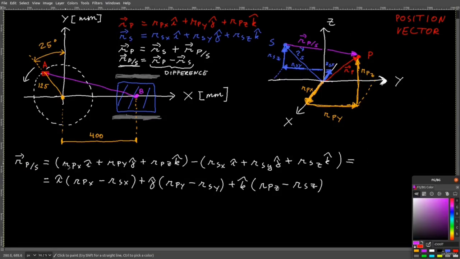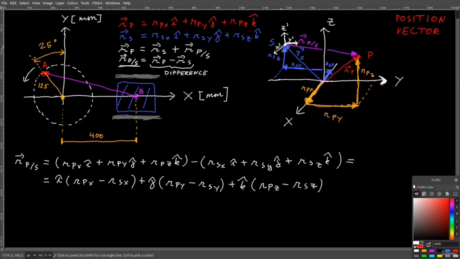But okay, let's go back to our displacement vector. By taking the difference of r_p and r_s, you have essentially created a new coordinate frame. The origin of this new coordinate frame is this S point. And here you also have three axes, x', y', and z'.